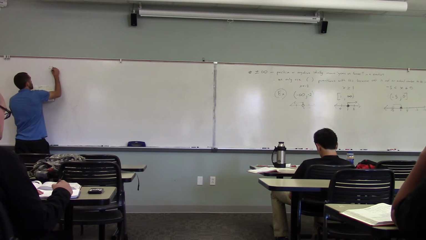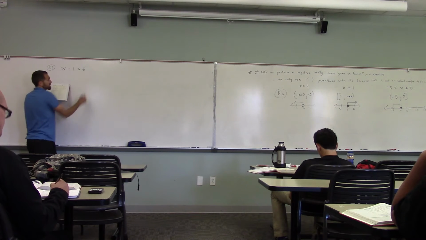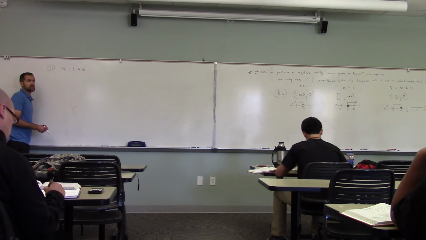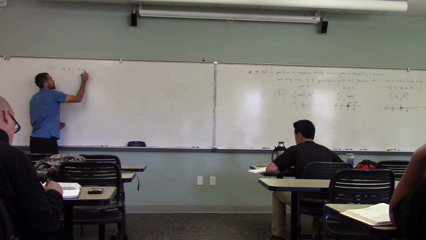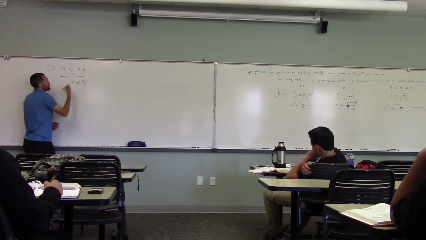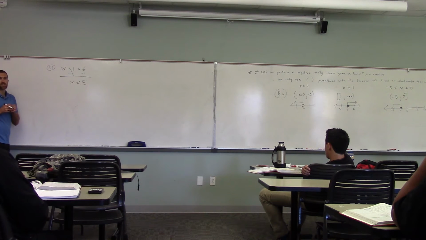Number 22 is a nice easy one. x plus 1 is less than 6. To solve it, subtract 1, we get x is less than 5, and now we need to write it in the other 2 notations. So how can we write that in either notation?